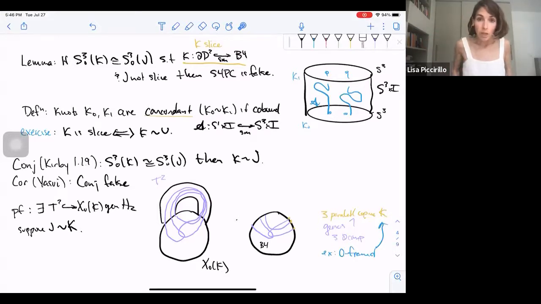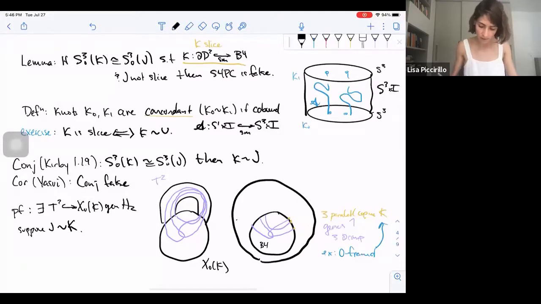Okay, so we're assuming that our knot J is actually concordant to our knot K. What we're going to do with that is first enlarge our four-ball. I drew it quite enlarged, but that's fine. We're just going to stick an S3 times I collar onto the outside of our four-ball. This is still a four-ball.